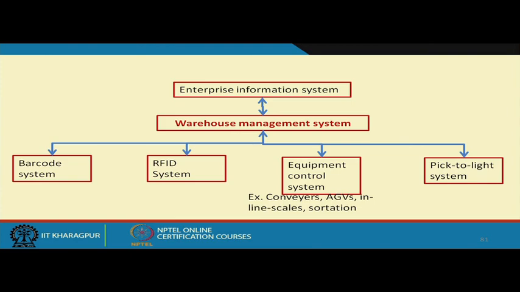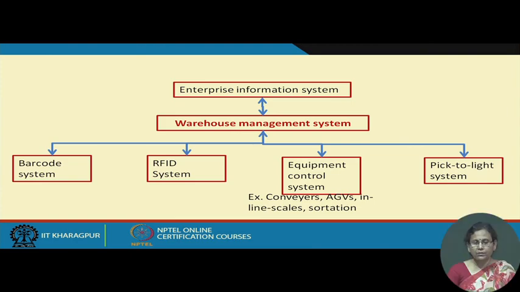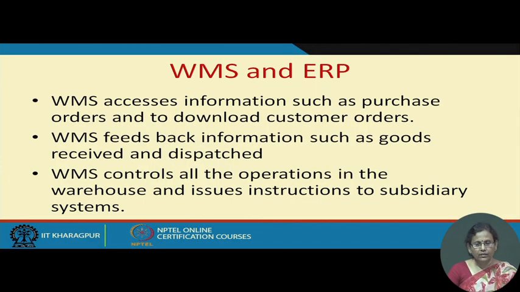Then there has to be again two-way information flow with equipment control systems such as conveyors, AGVs, inline scales, sortation systems and so on, and again the same two-way information flow with pick to light systems.